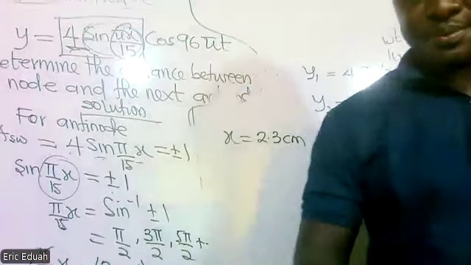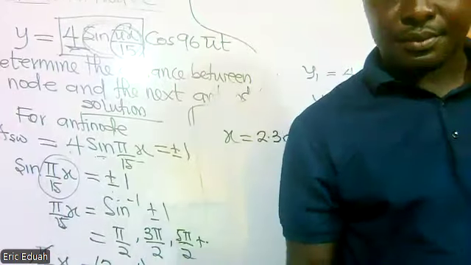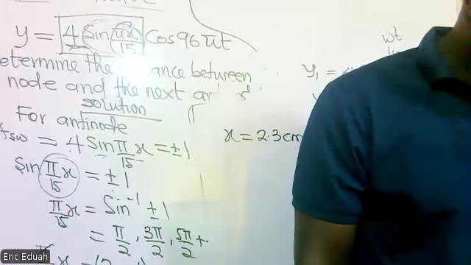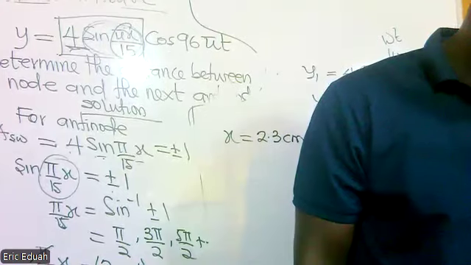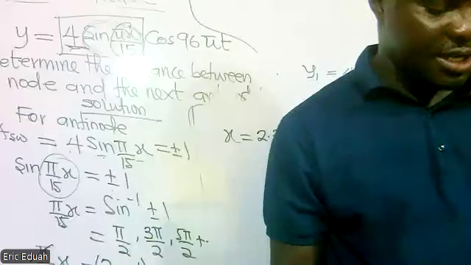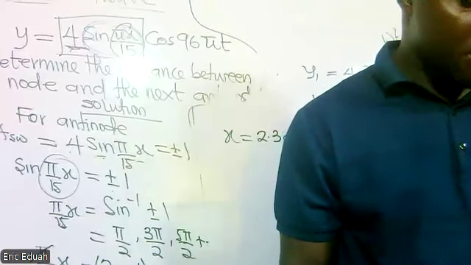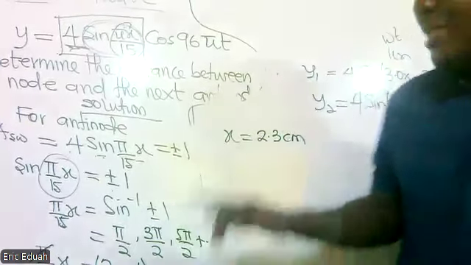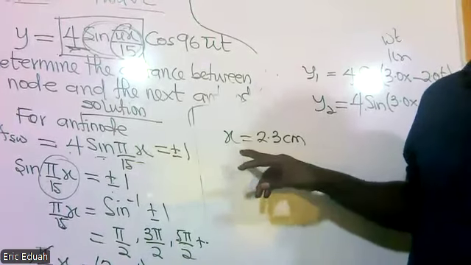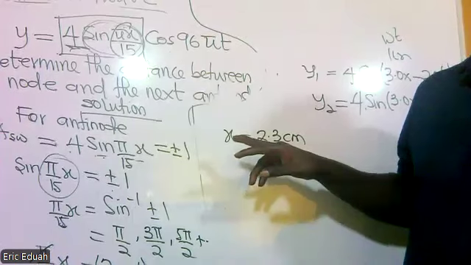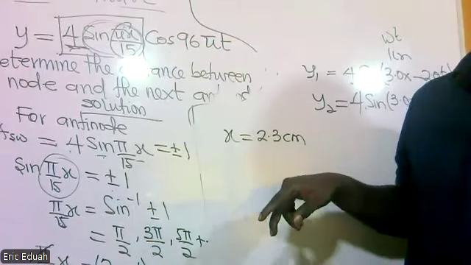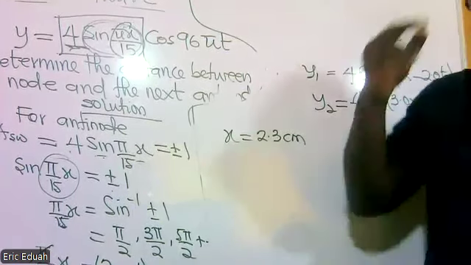Class, are you okay? Please, can you read just the A again? The question A is that: find the amplitude of the simple harmonic motion of the particle of the medium located at x is equal to 2.3 centimeter.